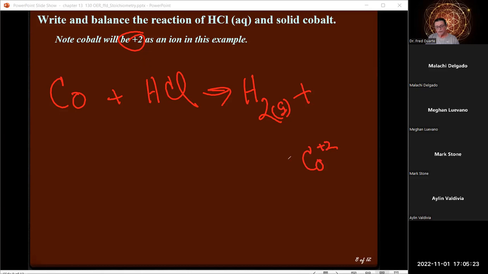They're telling you what it is. And we know that the chlorides are all -1. You need 2 of them. So cobalt chloride would be CoCl2. Furthermore, it is aqueous, because if you look at the solubility of cobalt and other chlorides, you will find them to be soluble. So that is our reaction, and that is a single replacement reaction.